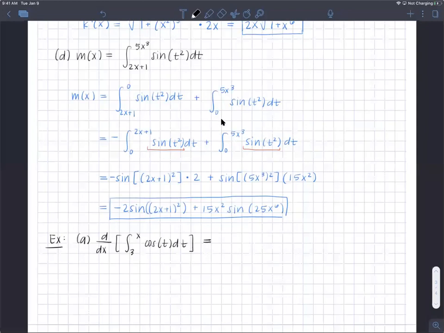No, you don't need to FOIL. Like this, you could just leave it like that if you wanted to. But yeah, so here when I do this derivative for part A, what am I going to get?